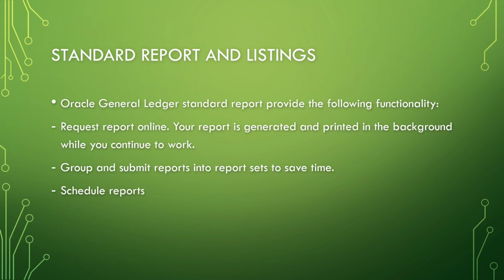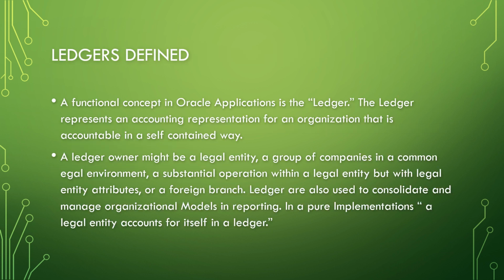You can request the reports online, and they can be generated in the background, so you do not have to wait for each report. Group and submit reports to a report set. You can have a report set combining all the reports and schedule them periodically. They will run automatically, so you can download them whenever needed.